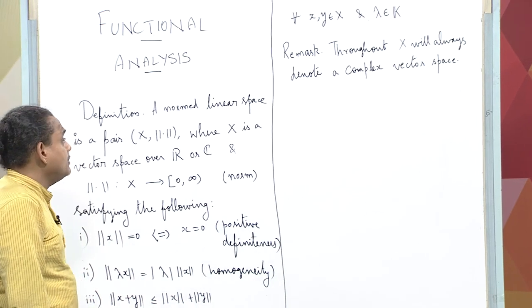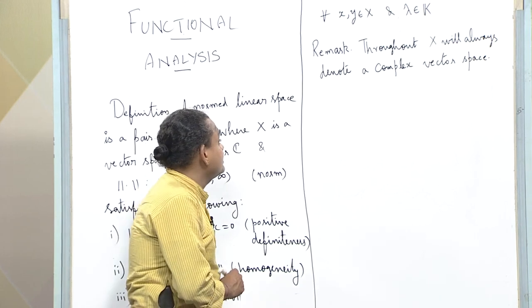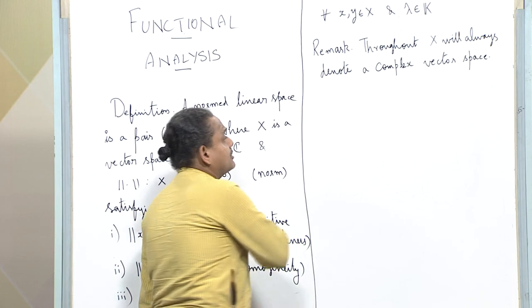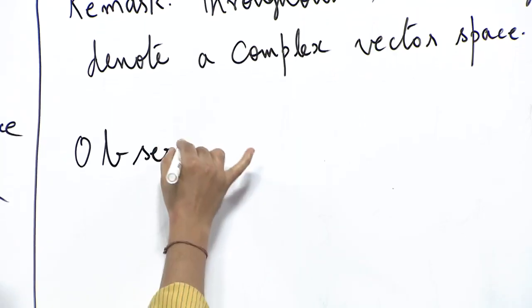So, before we proceed further with examples, let us look at some quick properties or quick observations.